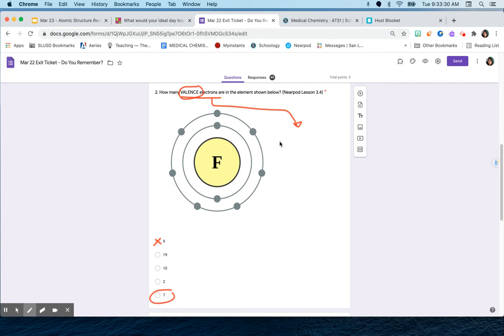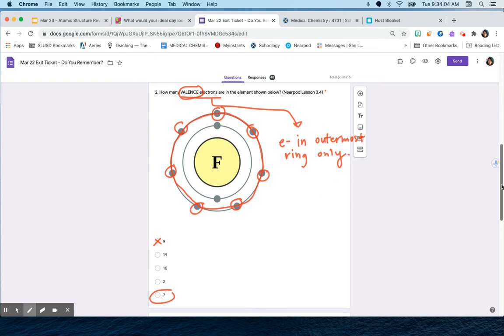Valence electrons means the electrons, I'm going to write e minus for short, in the outermost ring only. So therefore, just the electrons in the outermost ring of this particular atom. If I count out these particular electrons that I'm circling, I should count out 7 valence electrons.